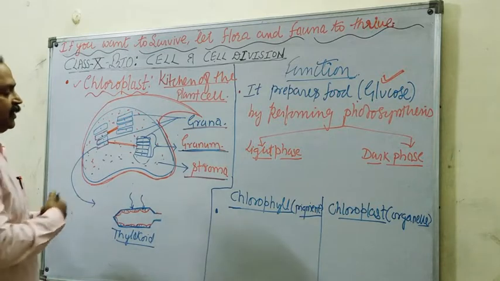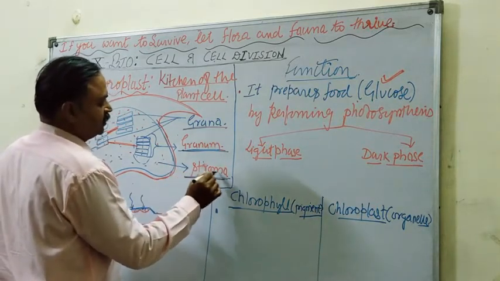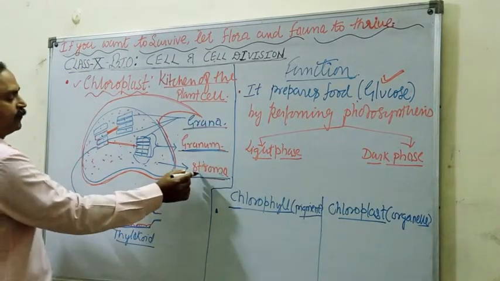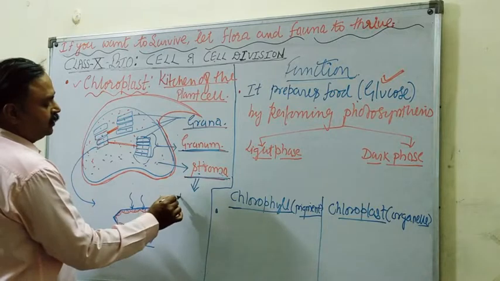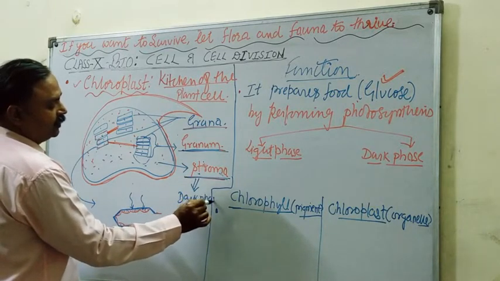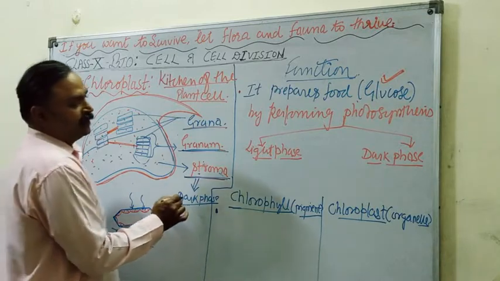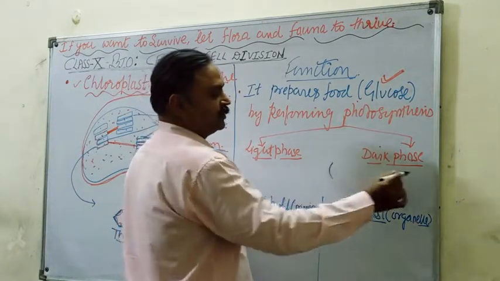Now the next part is stroma. The next important part of the chloroplast is stroma, isn't it? So stroma is the site for the dark phase. In the forthcoming chapter on photosynthesis, you will study the dark phase.